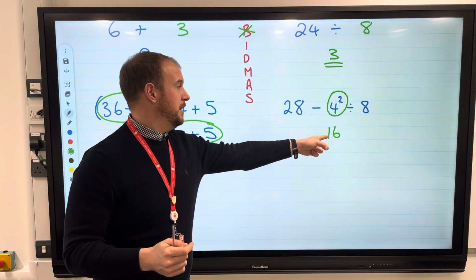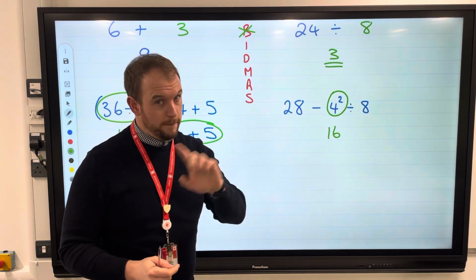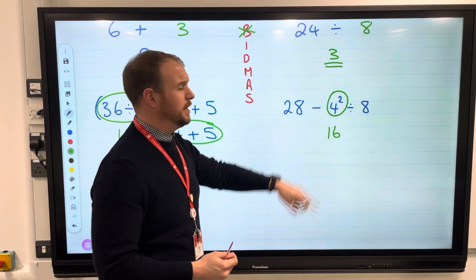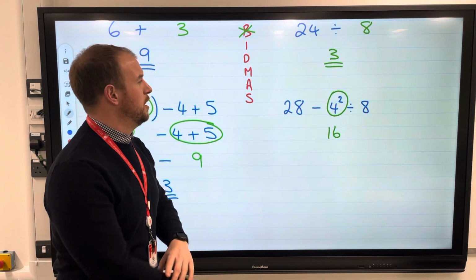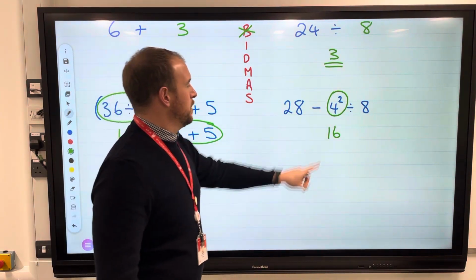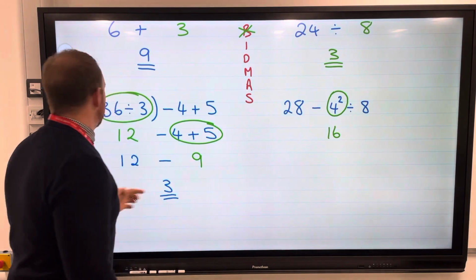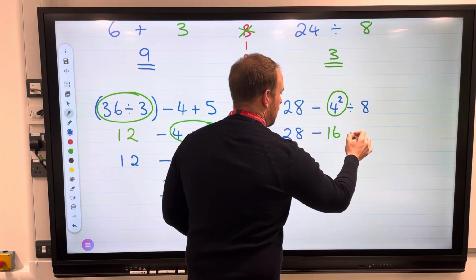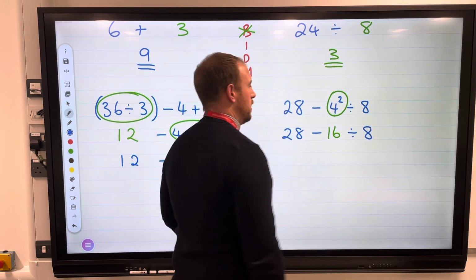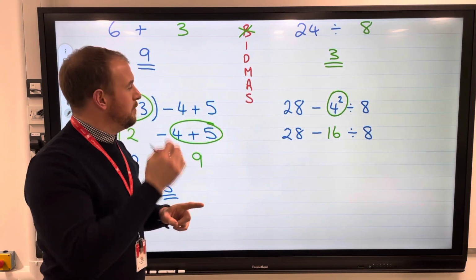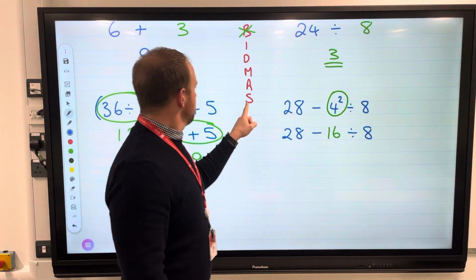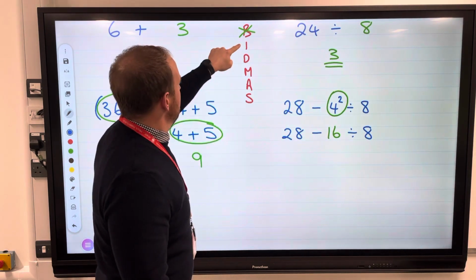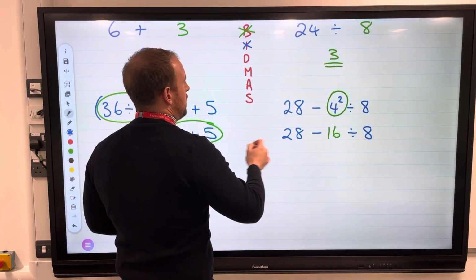Okay, again, I see there, well, 4 squared is 8. It's not 4 times 2. It's 4 to the power of 2, which means times by itself. Right, so that's that bit sorted. Everything else is going to come along with it. Okay, just doing one thing at a time. I've now got subtraction and I've got division. Indices, done.